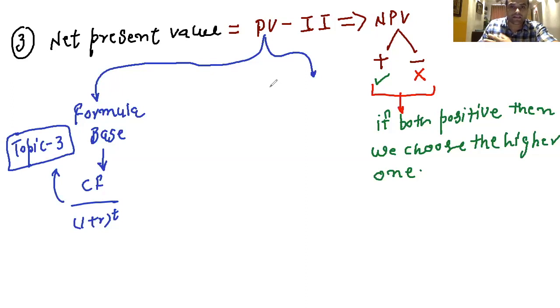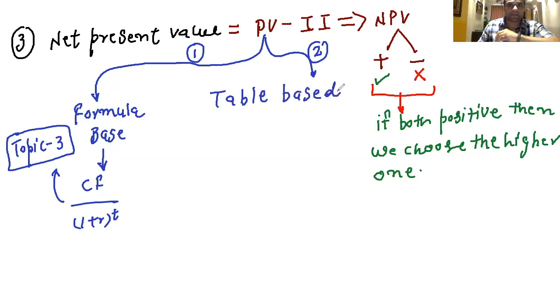Another way is table based. Formula based and table based. In this topic, we will learn how to calculate present value by using the table. Remember, I sent you the 2 files, 2 tables, table 1 and table 2.